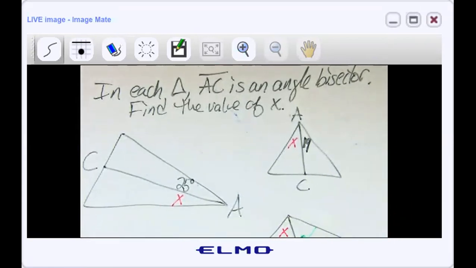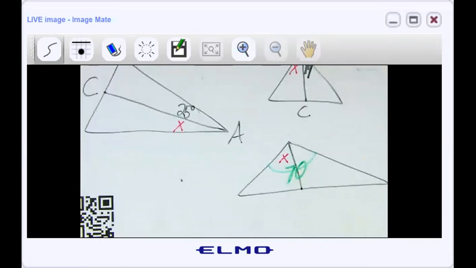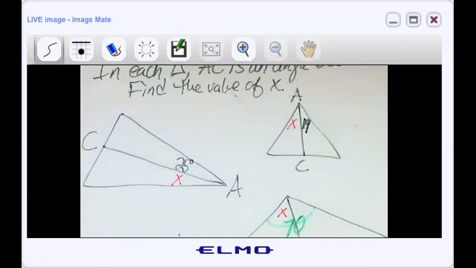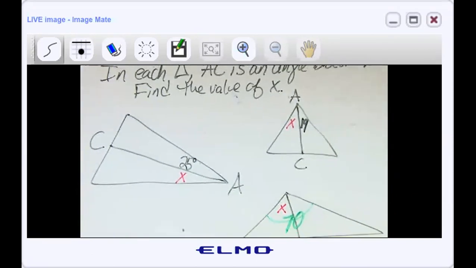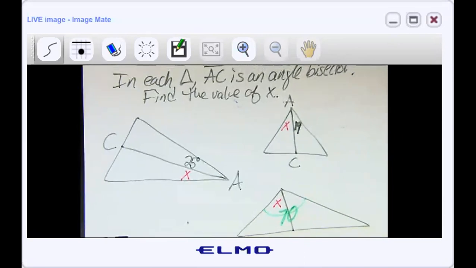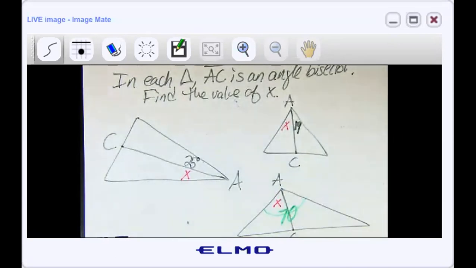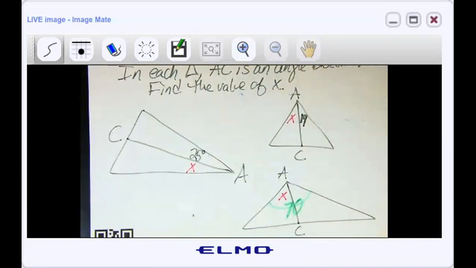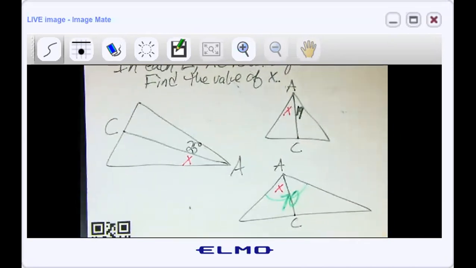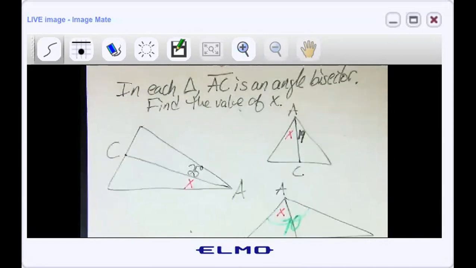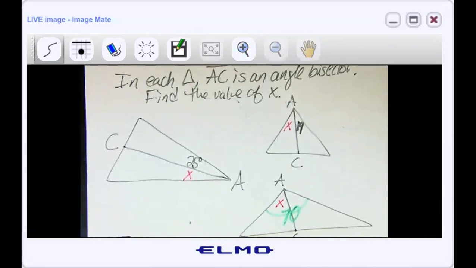So in these three pictures here, I want you to solve for X, knowing that in each of them, oops, I forgot to label this as AC. AC is always going to be an angle bisector. So you've got three different triangles.